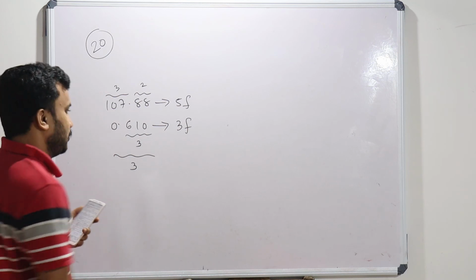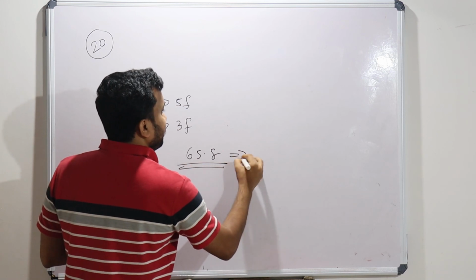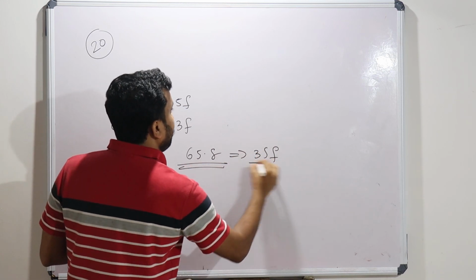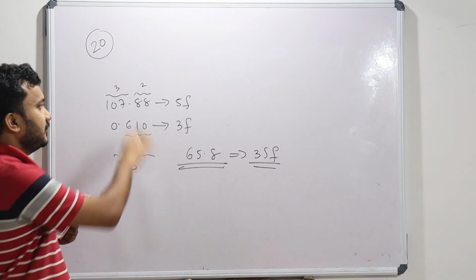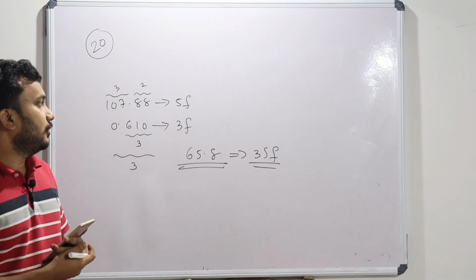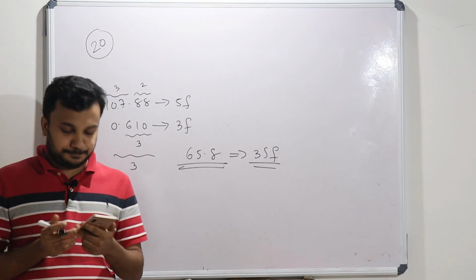The answer is the last one, 65.8, which contains 3 significant figures. That matches with option number D.